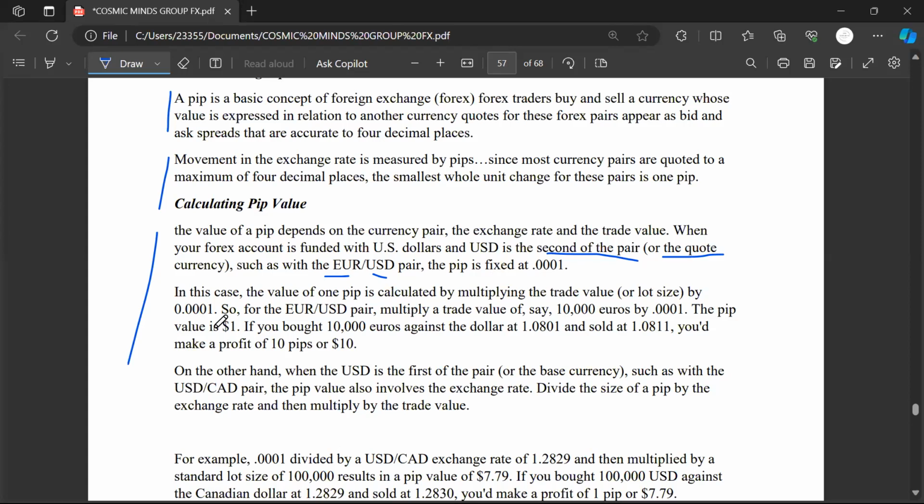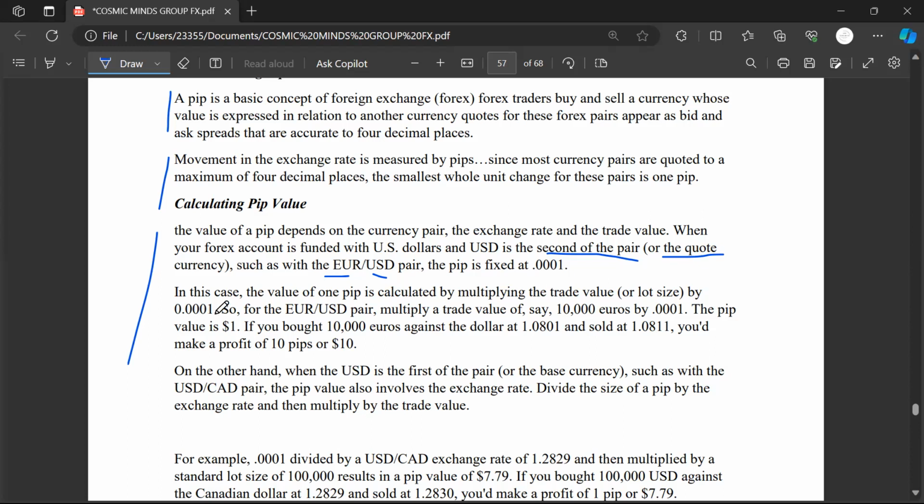Now, in this case, the value of one pip is calculated by multiplying the trade value, or the lot size, by this pip decimal point, this pip placement.